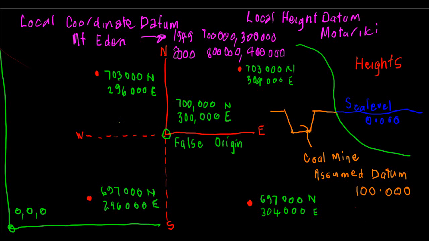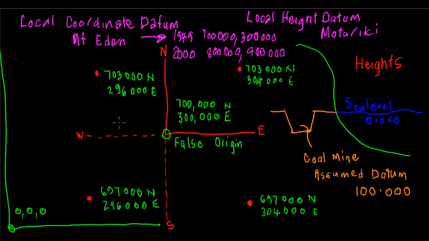And in the 1949 datum, the false origin of 700,000 metres north and 300,000 metres east was adopted for geodetic 1949.